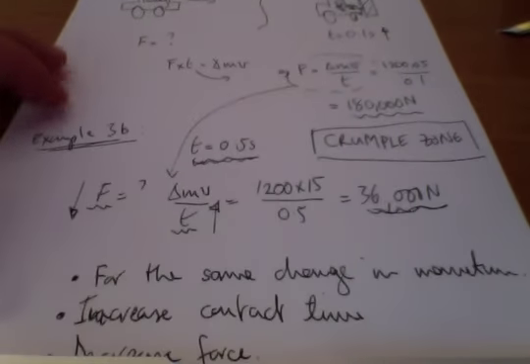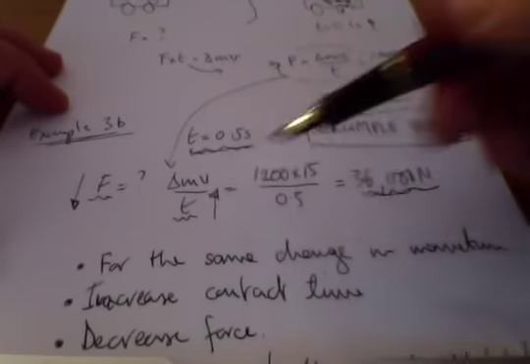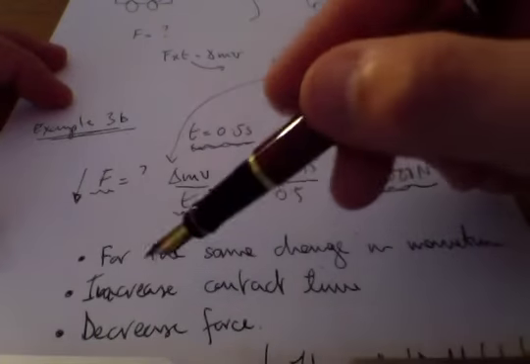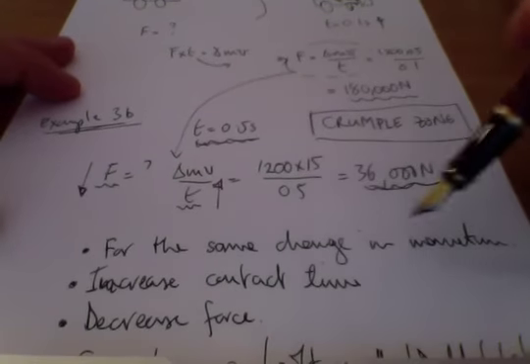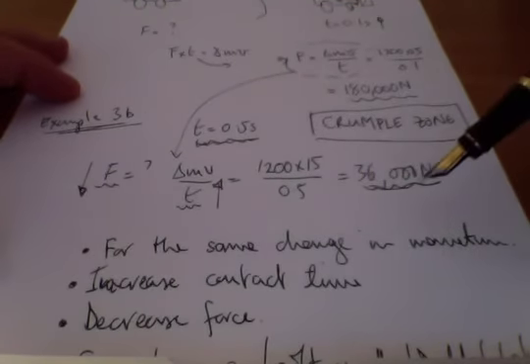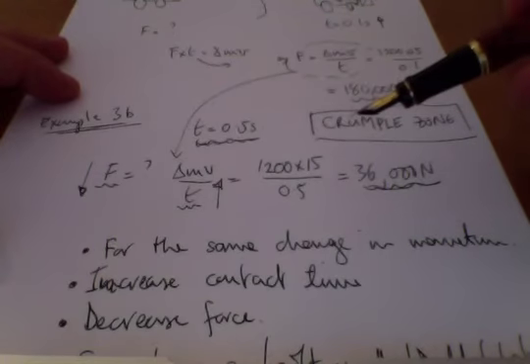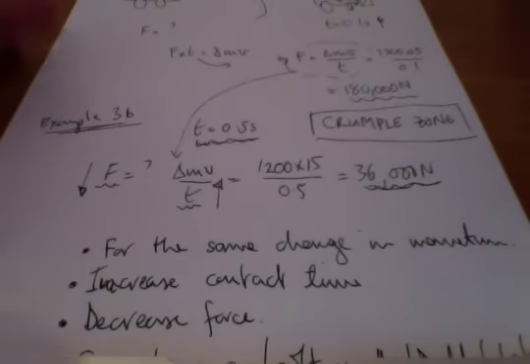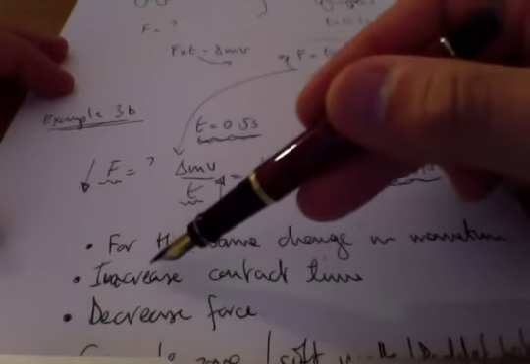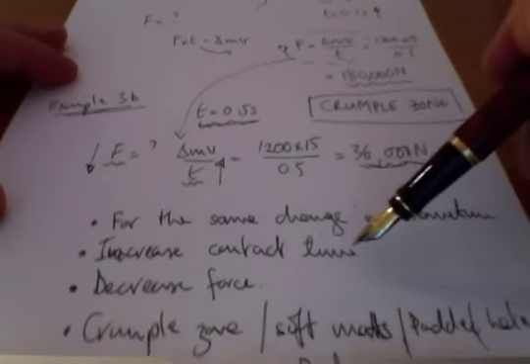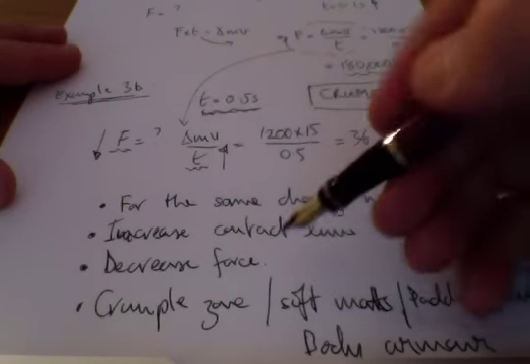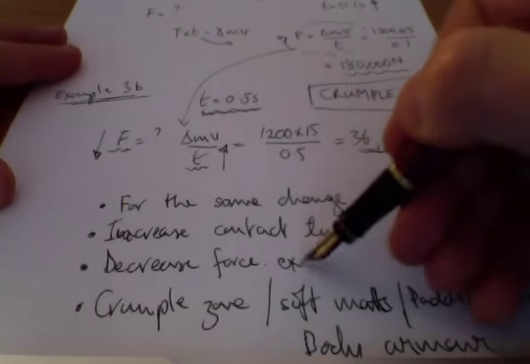It'll be a very descriptive answer, and what you can say is this: for the same change in momentum for all these cars, you're assuming they're decelerating from, say, 70 miles an hour to stop. They've hit the wall. If you increase the contact time, then you can decrease the force experienced.